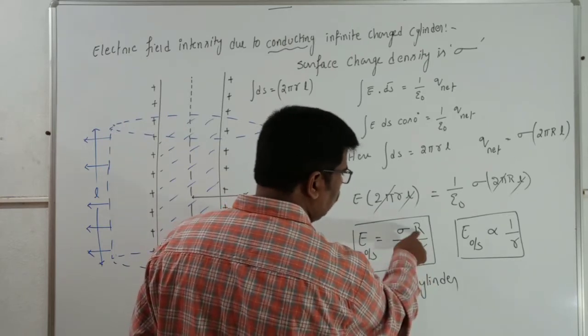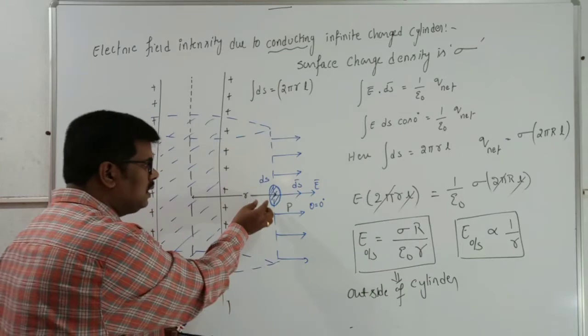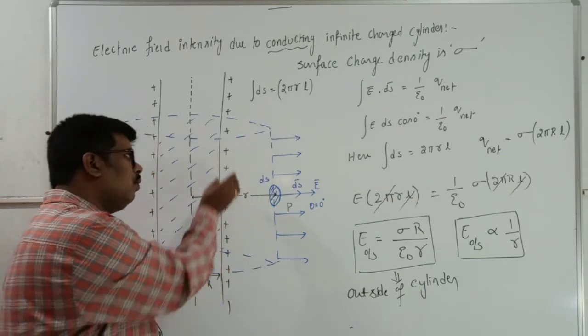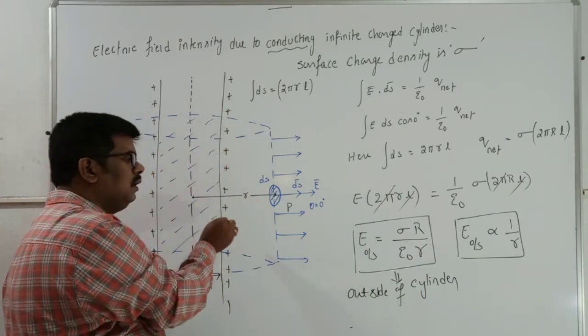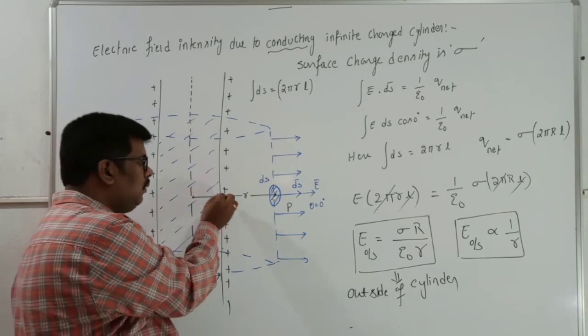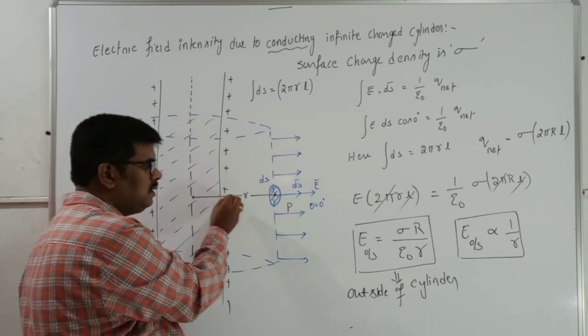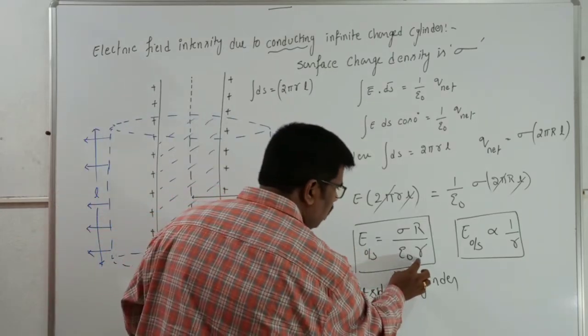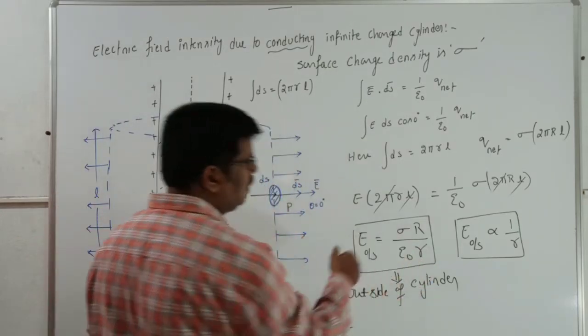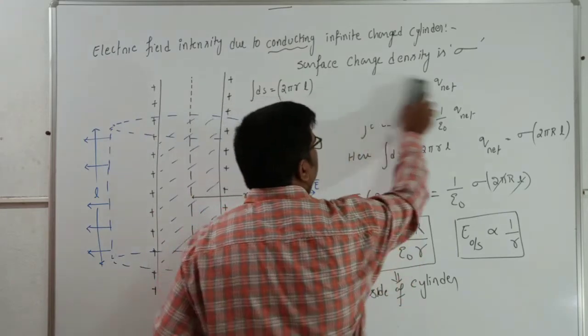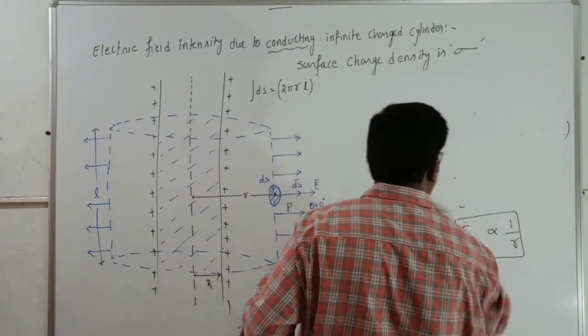If small r equals capital R, the Gaussian surface is over the cylinder. To find the electric field intensity on the surface, we just write small r equal to capital R.